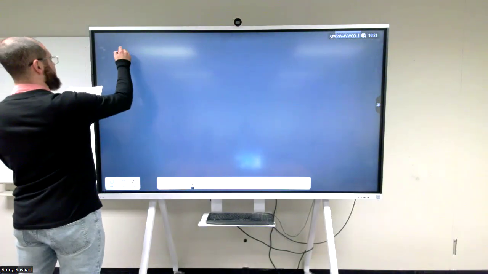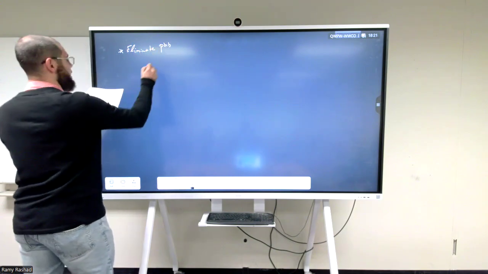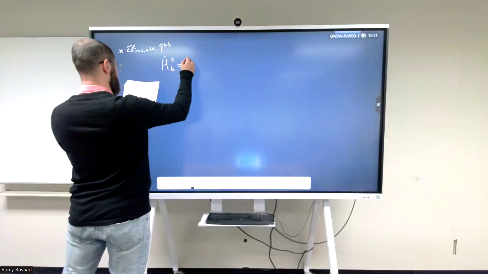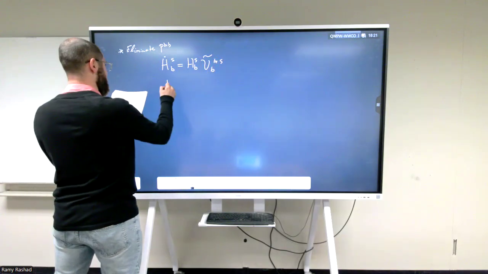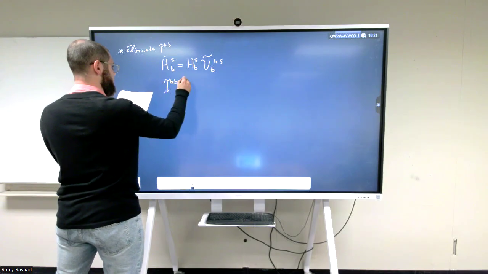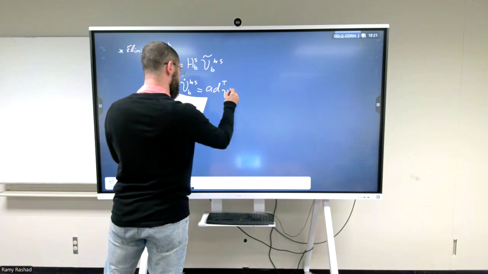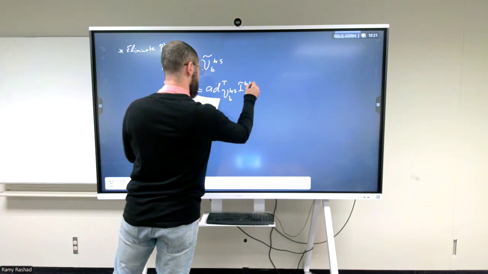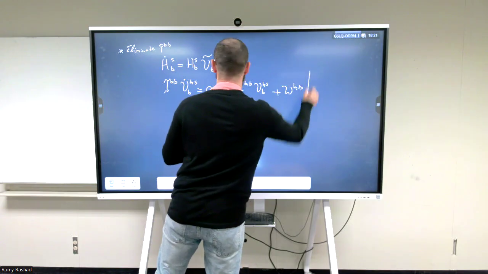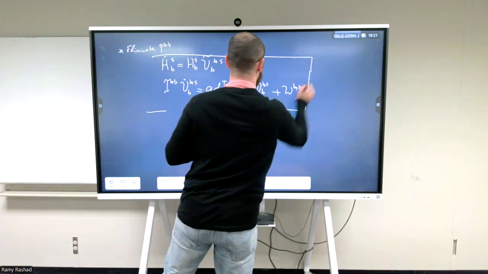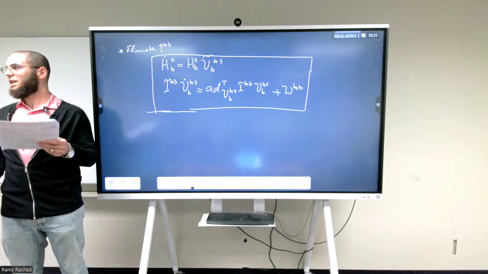So if we eliminate the momentum, you can write the equation as simply H dot is equal to H multiplied by V in tilde form, and you have here this expression, which is another way of writing the same equation.